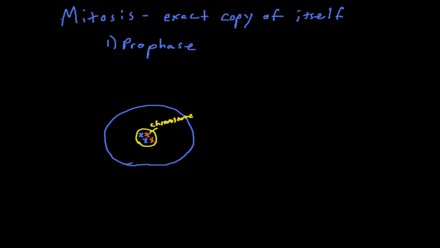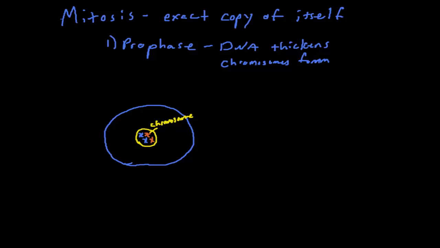Now, during prophase, the first thing we can say is that the DNA condenses or thickens, chromosomes form, and they can be seen in a microscope.